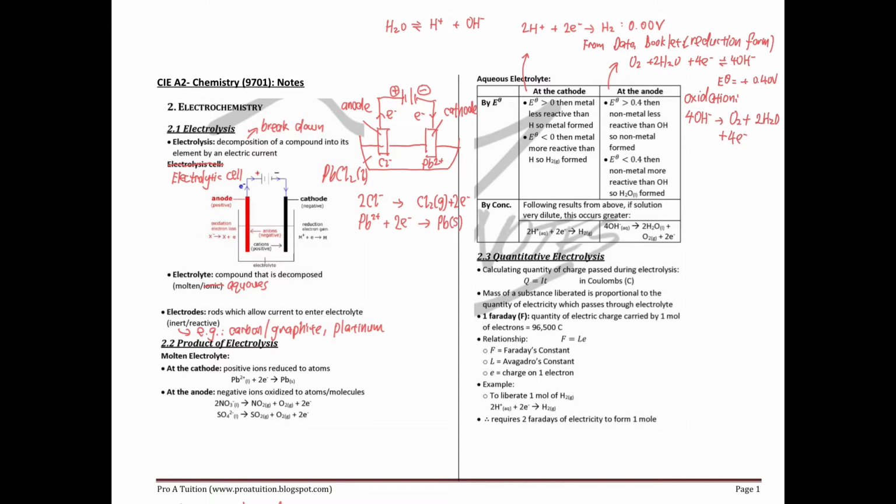When you swap the equation, the E theta will change sign, to negative 0.40 volt. So that is what actually happens at the anode: hydroxide changes to O2, water, and 4 electrons.